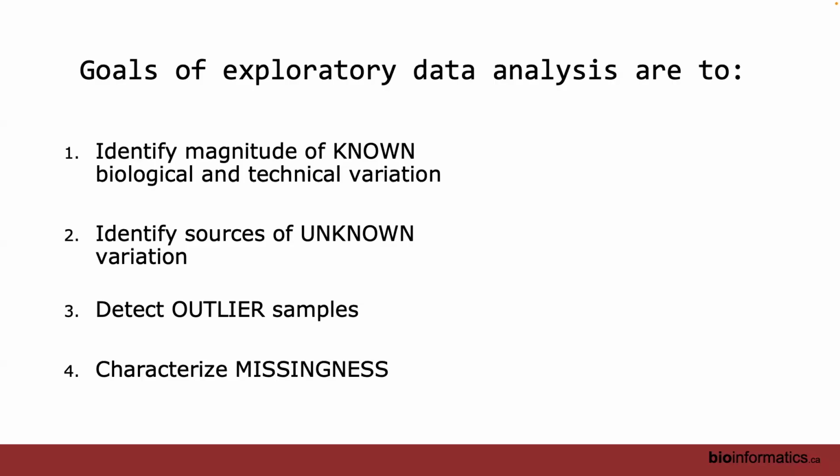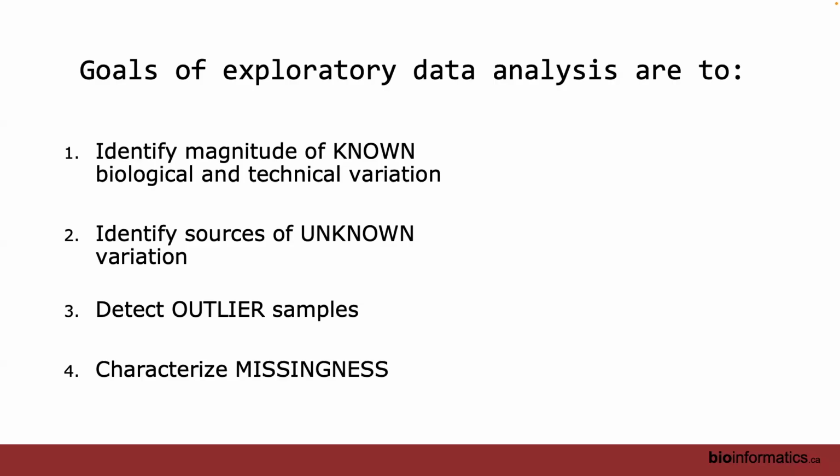In some cases, they were duplicates because we did the SNP arrays on them and they were identical, right? And we did it on the neuronal fraction. So we took the brain samples and we sorted neuronal cells for our EWAS. And then we had some non-neuronal samples. And there was this one neuronal sample that was sitting with the non-neuronal, right? These things happen. We're human, right? But there are ways to pick it up, and you should characterize missingness.